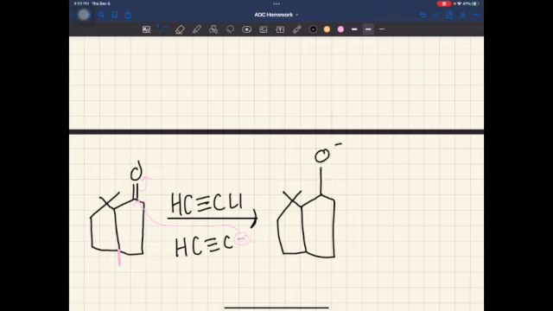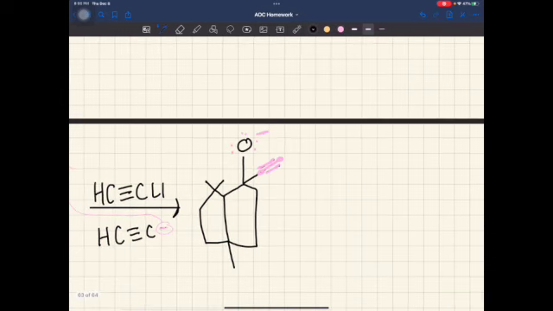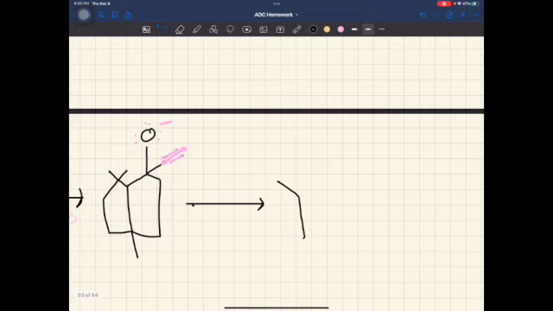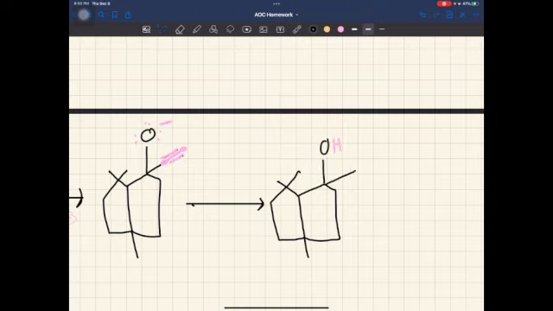O minus, and we just added these on here. So we added the two carbons, carbon 1, carbon 2, and then the oxygen now has a minus charge on it, and the oxygen is going to get protonated and turn into an alcohol. So it's going to look like that. We formed an alcohol, and we have this product.